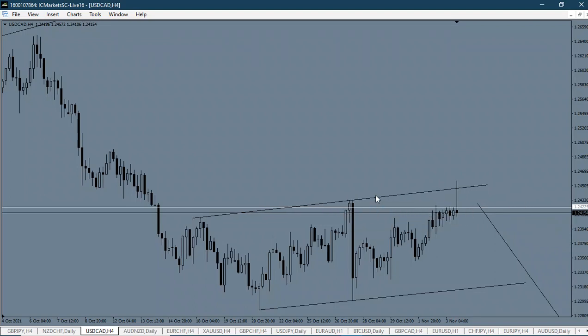These are double confirmations for a sell. So we know for a sell we have double confirmations, and the third confirmation is this shooting star. So we know when this shooting star closes, we can take ourselves towards the downside. So we're waiting for a close of this candlestick right here, and we'll be taking ourselves towards the downside right there.